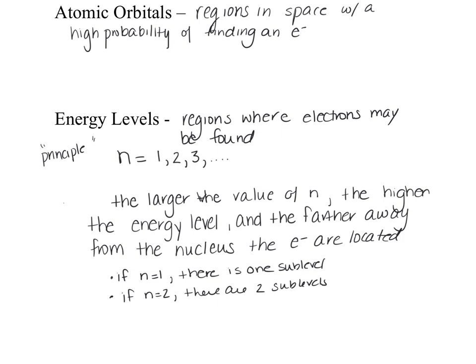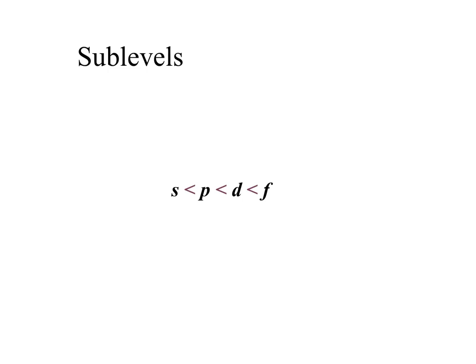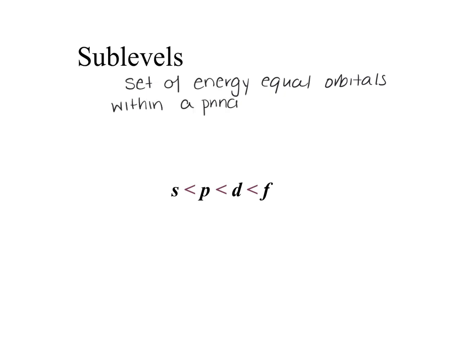Well, we define sublevels as just a set of energy equal orbitals. So when we talk about sublevels, these are just a set of energy equal orbitals within a principal energy level.